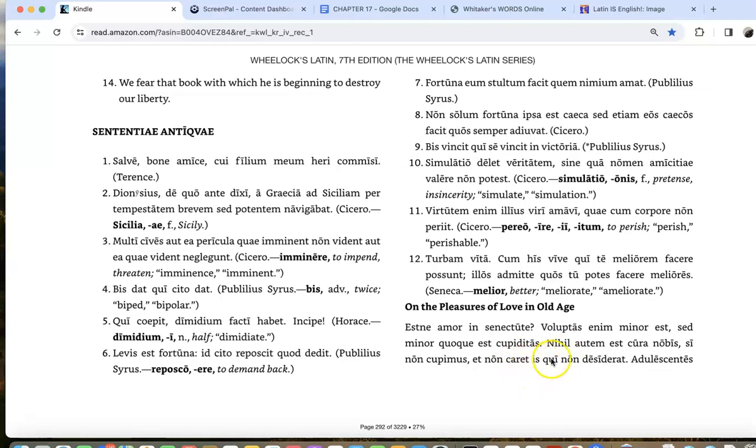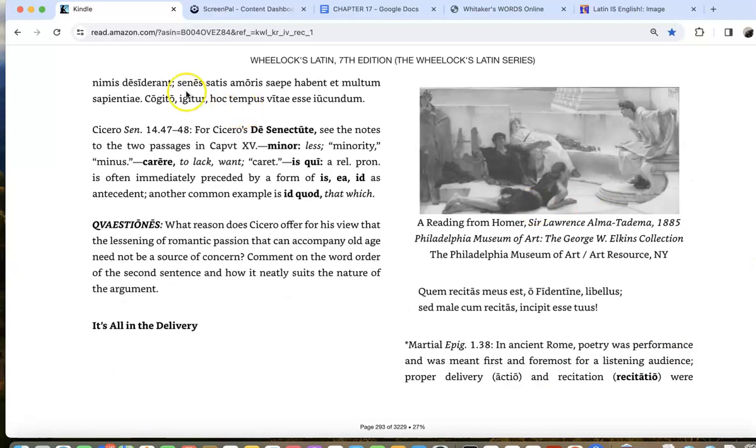But again, that just loses a little bit in translation. But then the rest of it, I think, is fairly straightforward. Adolescents or young people have often, it doesn't say often, but have often desired too much. But in old age, we have had enough of love and much wisdom.